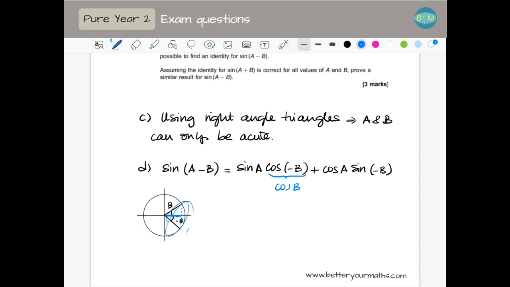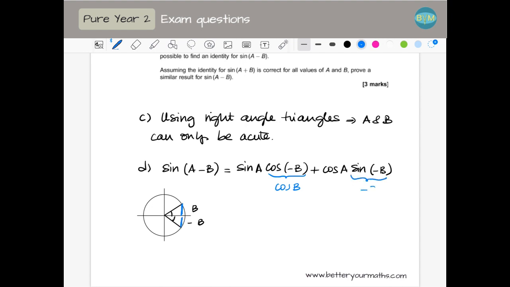And if I think of the same with sine, if this is B and this is minus B, so the opposite and negative, sine is this one here. So the sine of minus B is the same but negative.